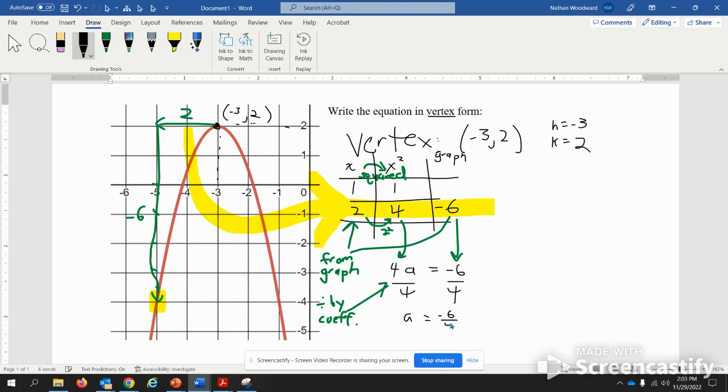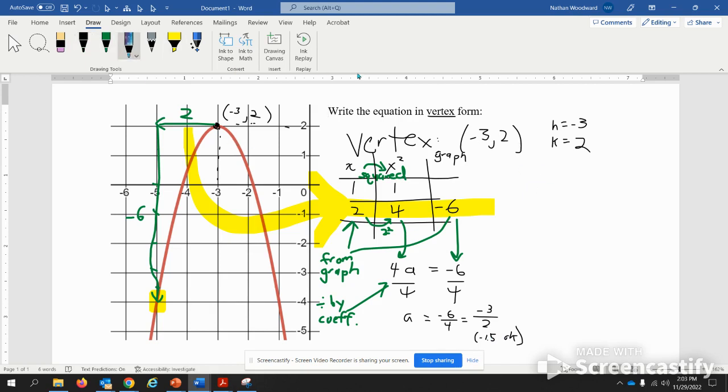Now you can leave it like that because that's true, but best practice would be to calculate it as a decimal or as a reduced fraction. -3/2, also -1.5 is okay because it's an exact decimal. It's not a repeating decimal. Okay, so here's our a value.